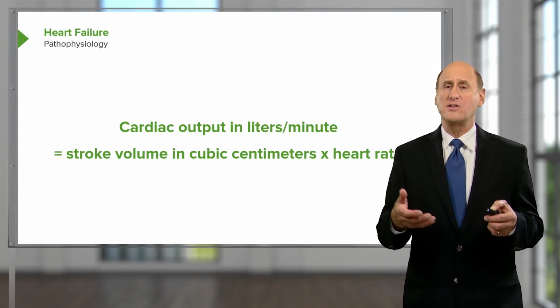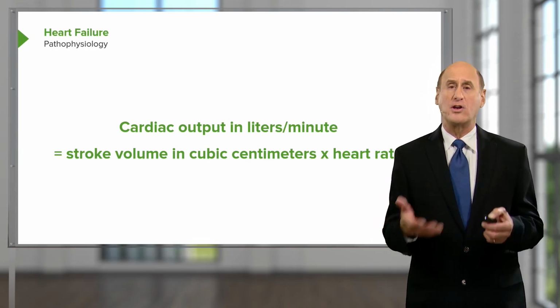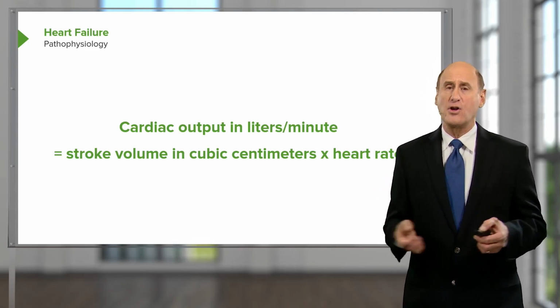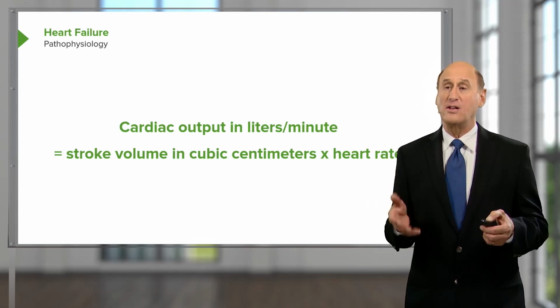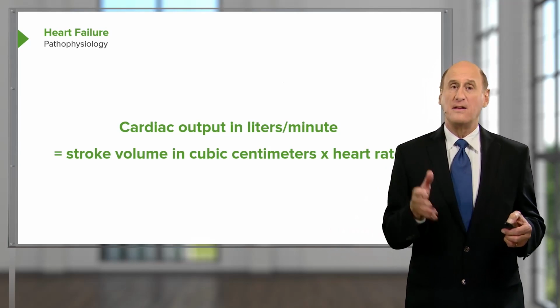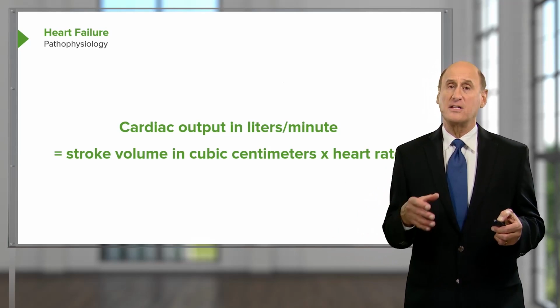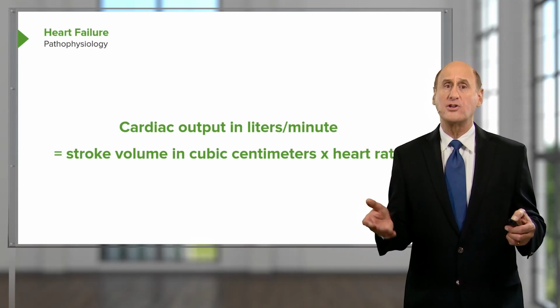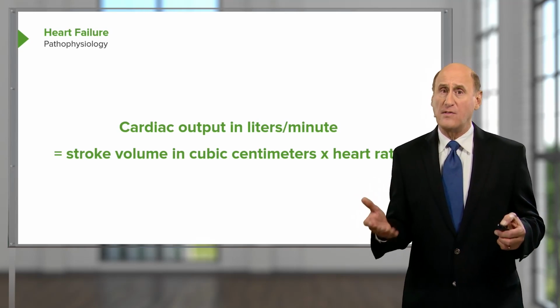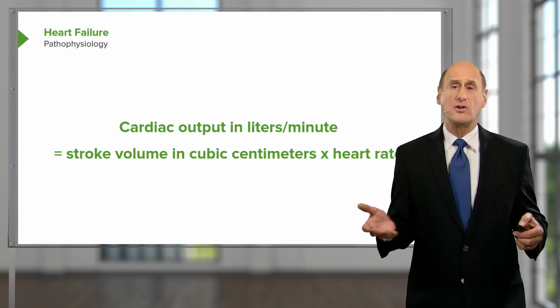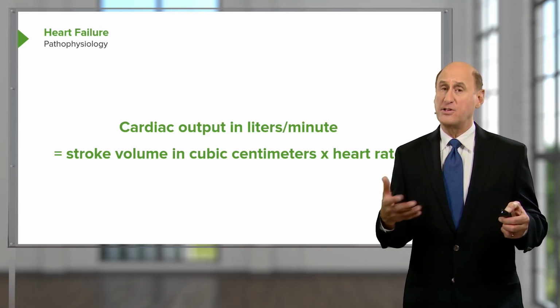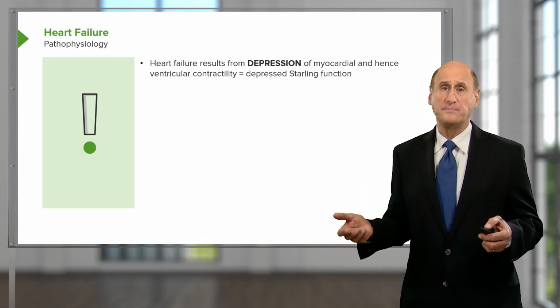We have to increase our ability to hold on to salt and water and increase the blood volume and use the Starling law to increase the contractility of the heart. Again, unfortunately, it's not the right setting for that, and this leads to overfilling of the circulation, increased pressures in the circulation, and increased fluid getting out into the lungs and into the tissues.